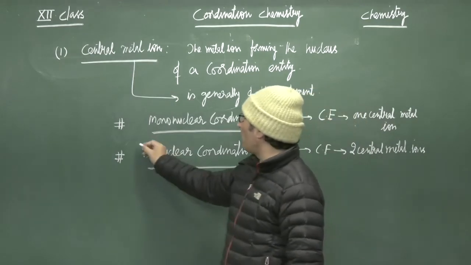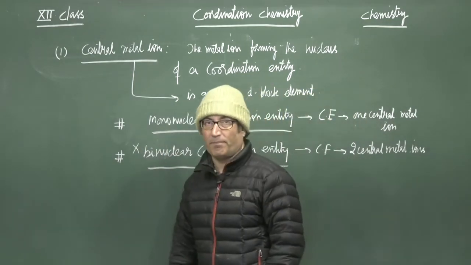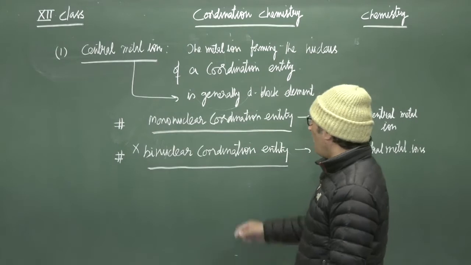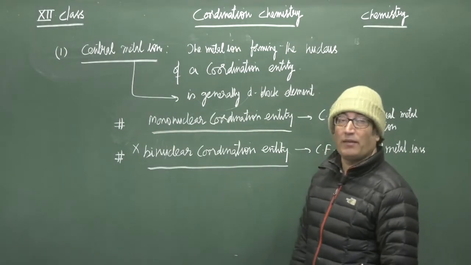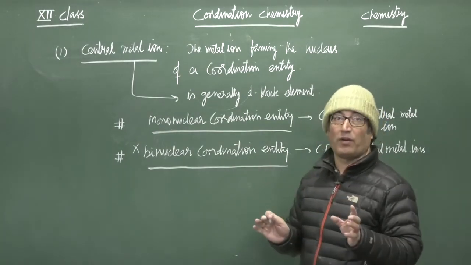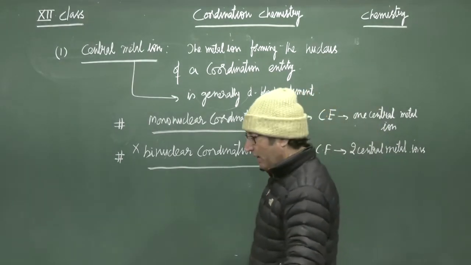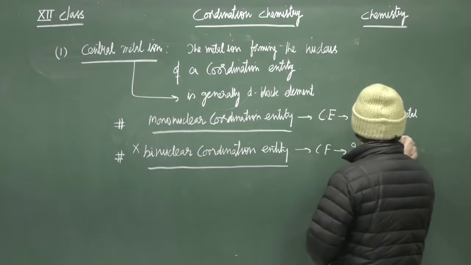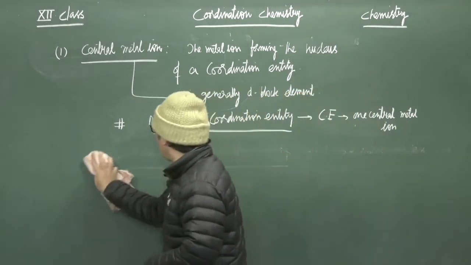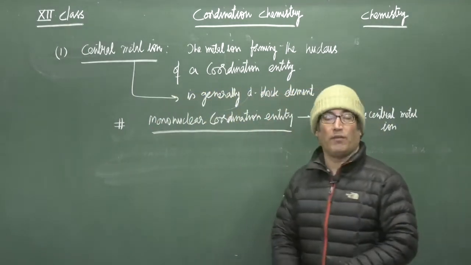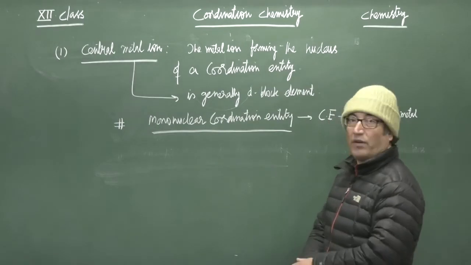This will not be part of our syllabus in coordination chemistry. And if there are more than two central metal ions, you call it polynuclear coordination entities. Throughout our coordination chemistry, we will be dealing only with the mononuclear coordination entities.